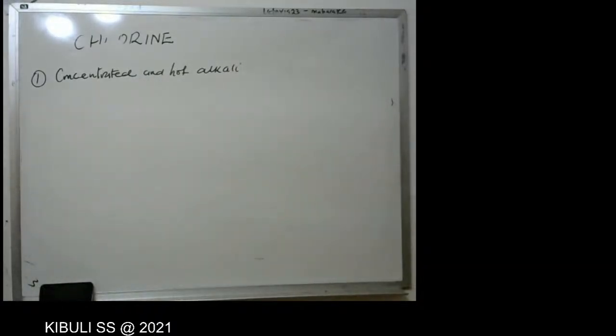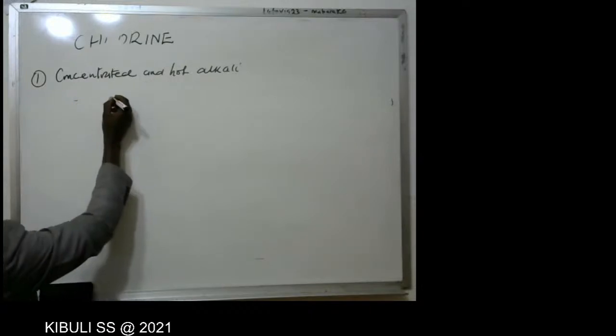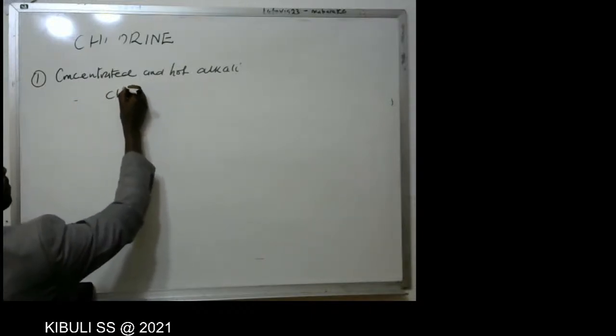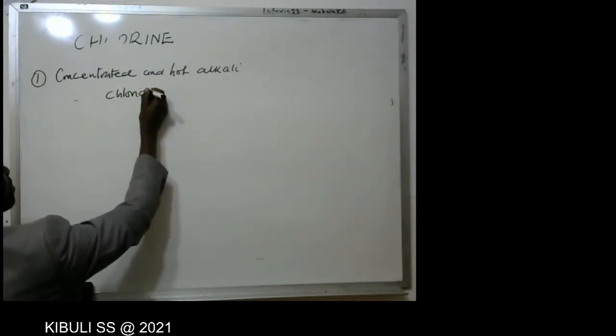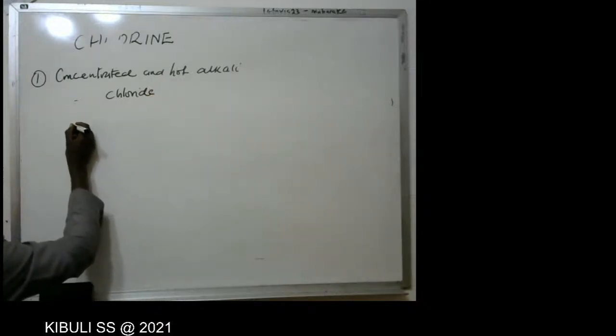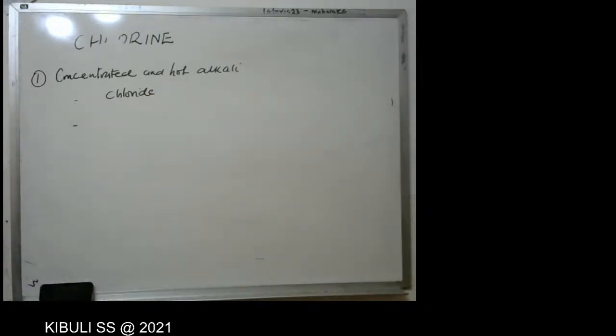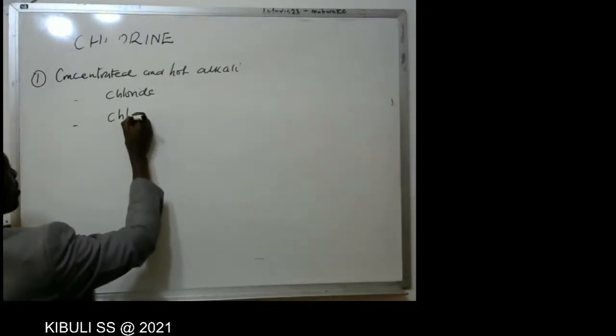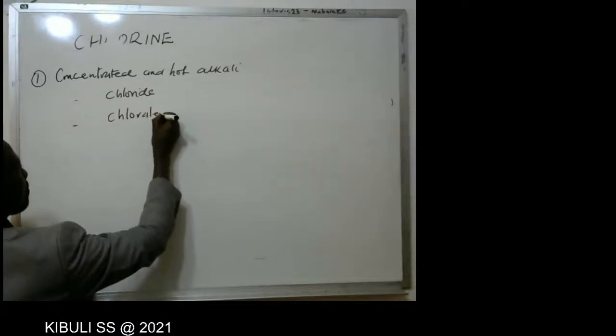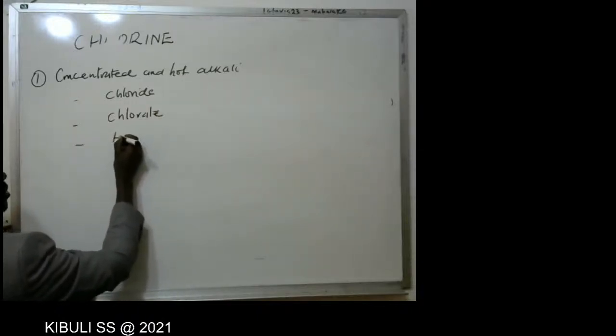The products are different. The products this time are different. We shall still get a chloride, but this time we shall not get a hypochlorite. This time we shall get a chlorate. And we shall also get what? Water.